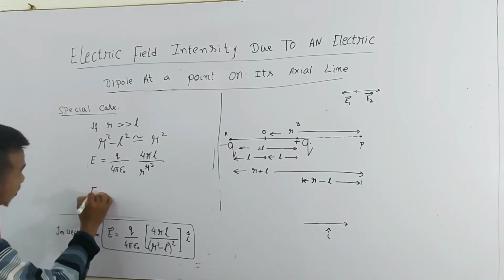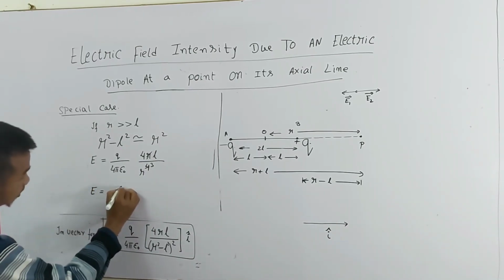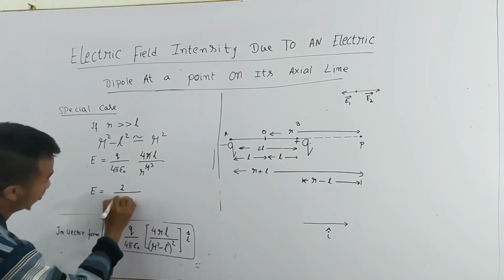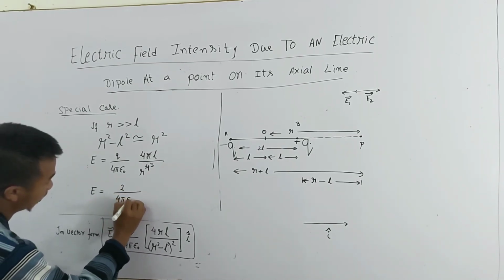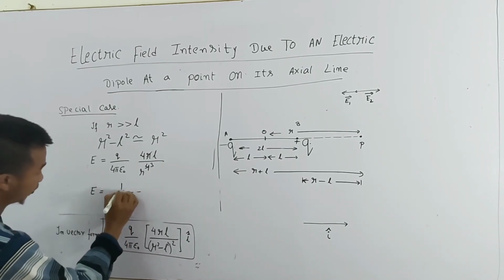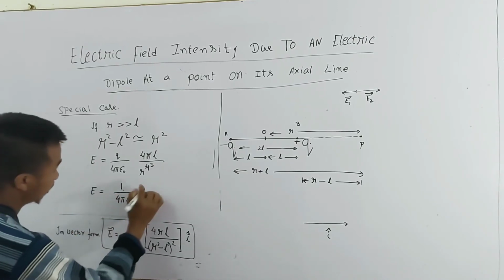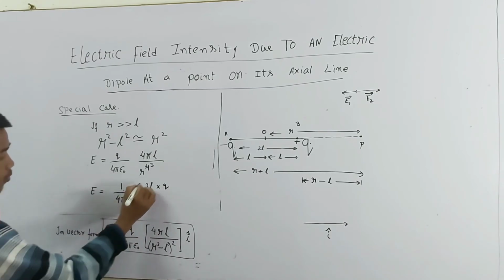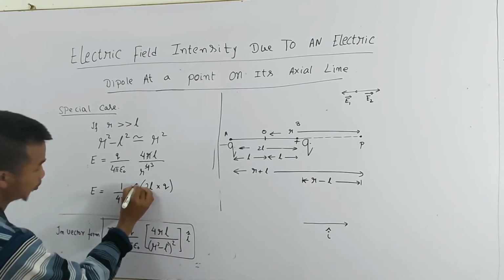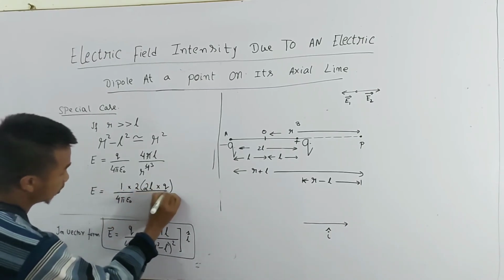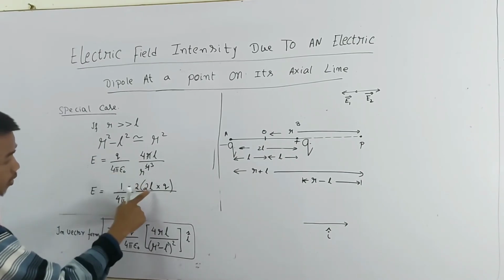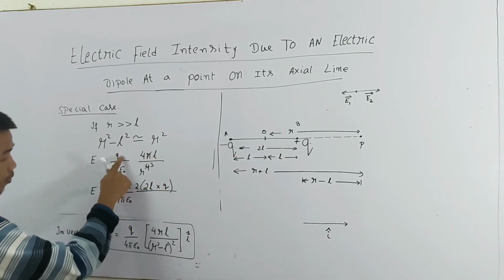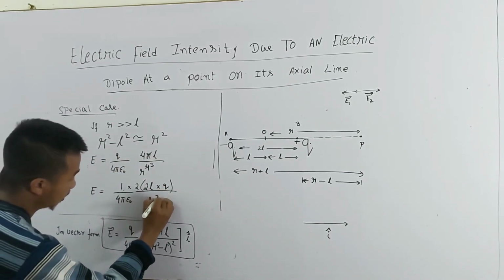So E can be written as 1 by 4 pi epsilon naught, then twice L into Q. Here we can put 2, 2 into 2 is 4. So this L and this Q divided by R cube.